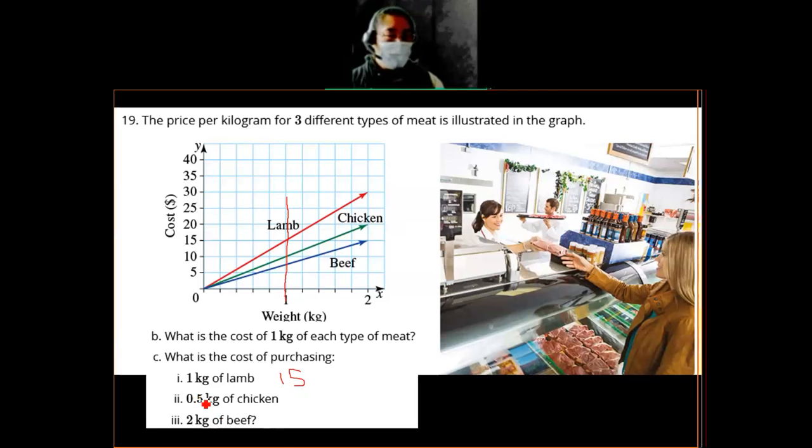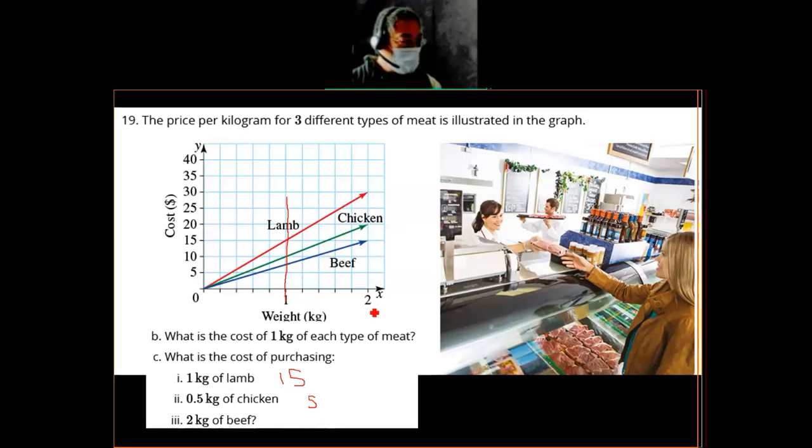What about 0.5 kilogram of chicken? It was $10 for 1 kilo, so it's going to be $5 for half a kilo. And what about 2 kilograms of beef? If it was 7 for a kilo, that would be 14.